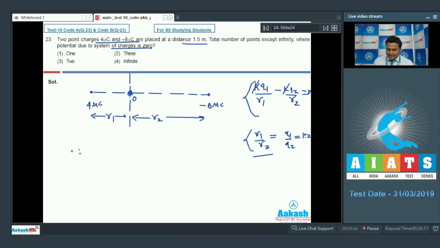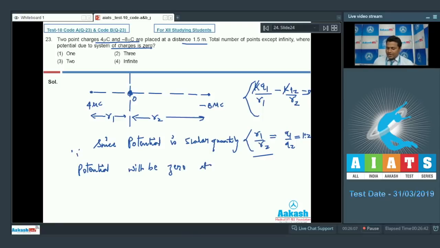So we can say that since potential is a scalar quantity, and from the discussion, the potential will be 0 at all points having ratio r1:r2 equal to 1:2.